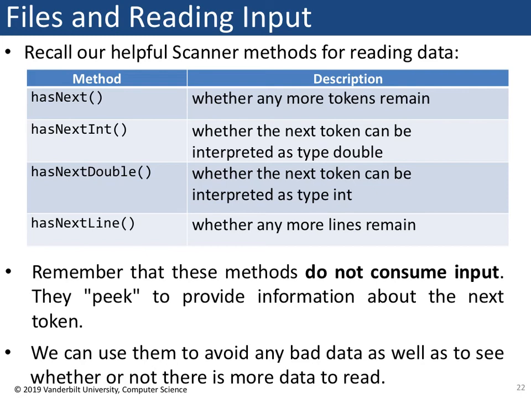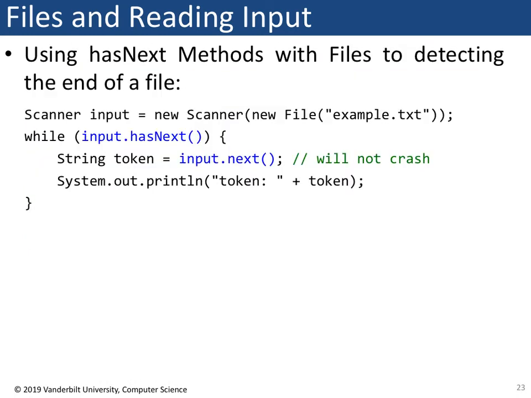It also won't move the input stream pointer, so that after checking to see if the int exists, we can choose whether or not to consume it. So if we want to detect the end of a file, we can use the input.hasNext method to see if there is another token.